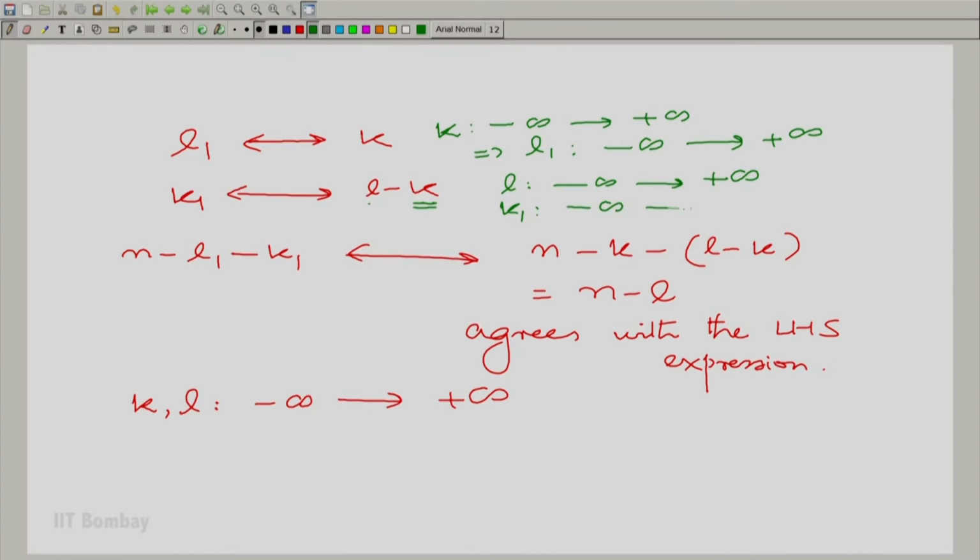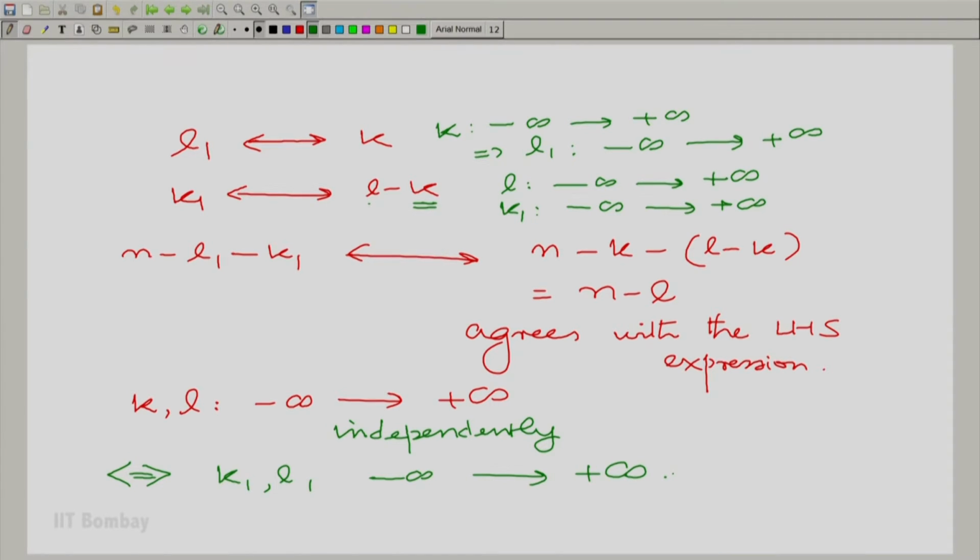Therefore, k and L independently going from minus to plus infinity implies and is implied by k1 and L1 going from minus to plus infinity, and in fact they are equivalent.